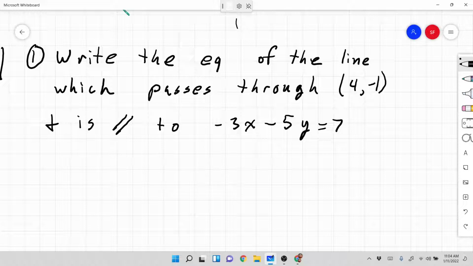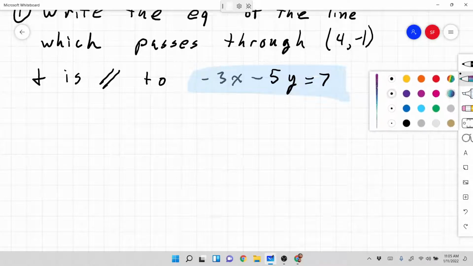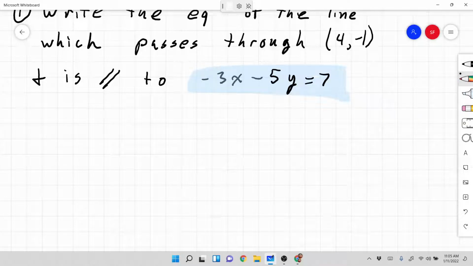So what's true about parallel lines? What did we just learn? Same slope. So what we need to do is figure out what the slope of this line is. How can we figure out the slope of that line? We can rewrite it in slope-intercept form. That sounds like a great idea. To get that into slope-intercept form, what should we do?